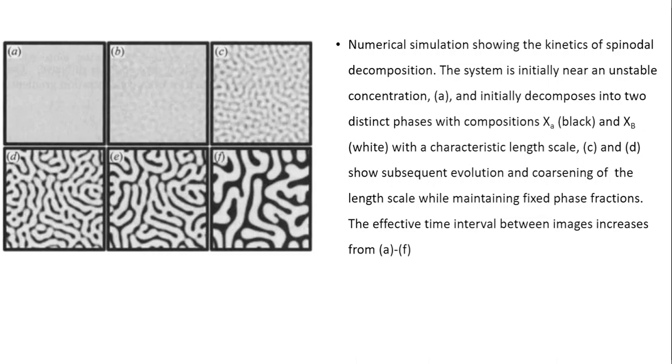You can see the length scale is increasing with increasing time. The evolution and coarsening of the length scale can be seen while maintaining fixed phase fractions. The effective time interval between the images increases from A to F.